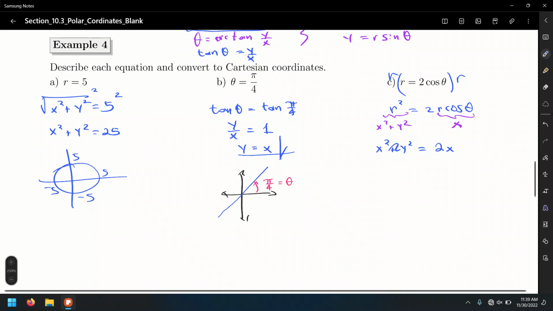We cannot tell what the radius and the center are in this form, so we can't graph it yet. What I'm going to do is move all the variable terms to the left-hand side: x squared minus 2x, and I'm going to leave a blank space here, plus y squared equals 0.